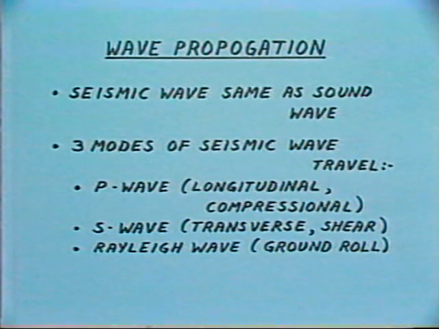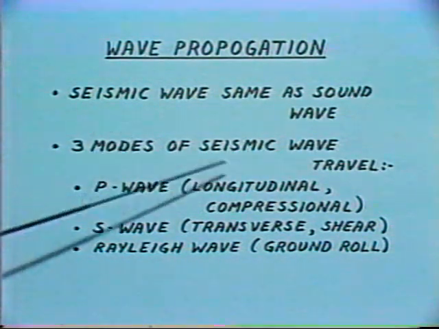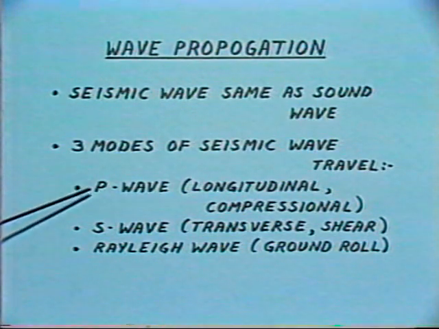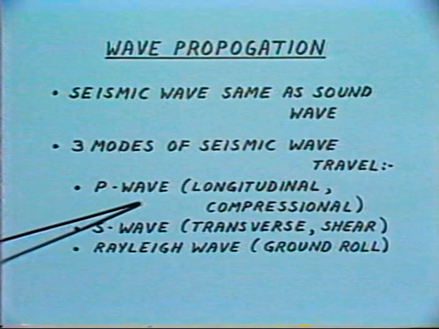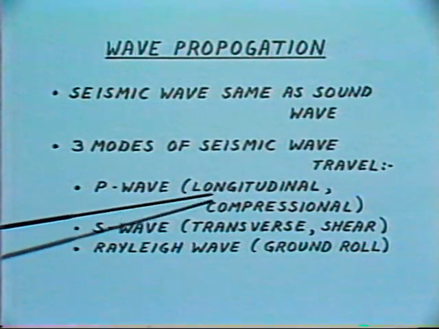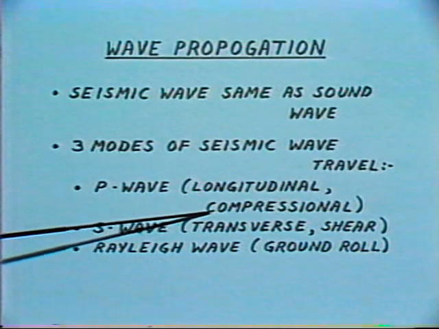There are three main physical ways in which the seismic wave can travel through the Earth, and these are called firstly the P wave mode of travel. That's also sometimes called longitudinal waves or maybe compressional waves.